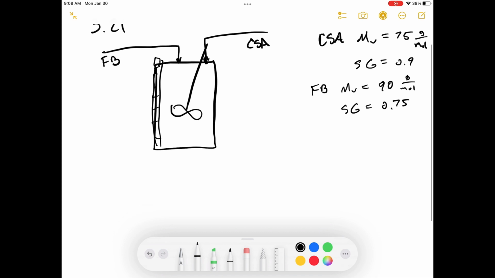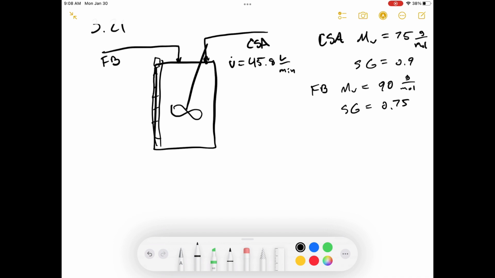Okay, what else do we know? We know the flow rate of CSA, so this is volumetric flow rate, equals 45.8 liters per minute. Okay, and I think those are the only things we know.